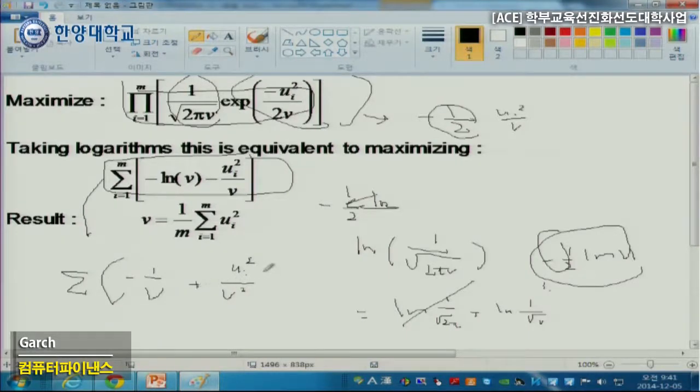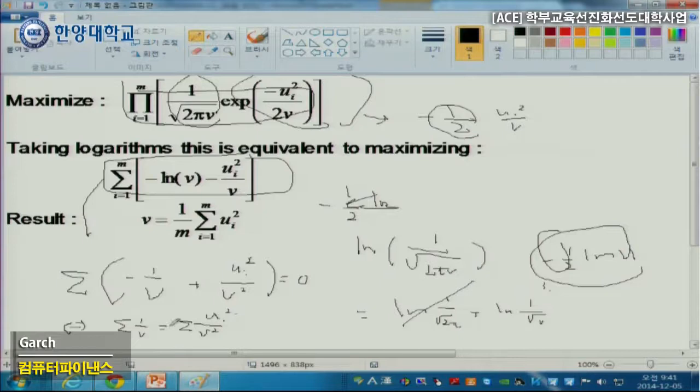And then it becomes plus. If we take the derivative of this one, and then we want to make this one 0, then we move this one to each side, and it is the same. Summation of 1 over v equals summation of y_i square over v square.